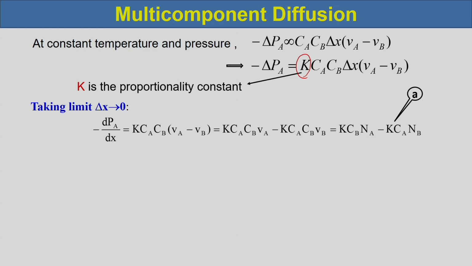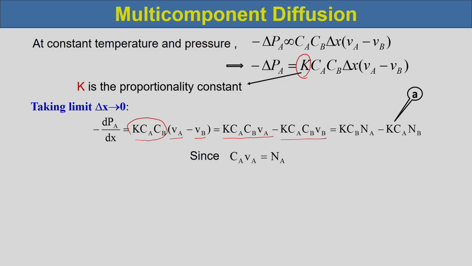Now, if we multiply k Ca Cb with Va and with Vb, we can write k Ca Cb Va minus k Ca Cb Vb.